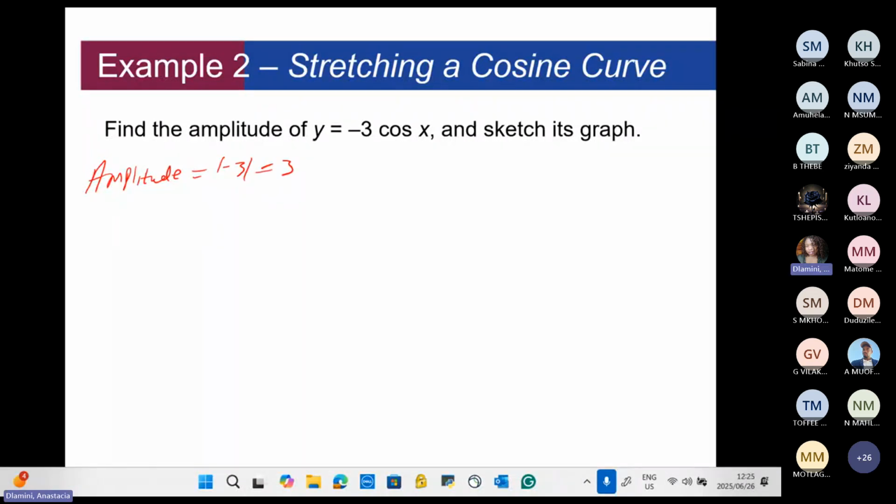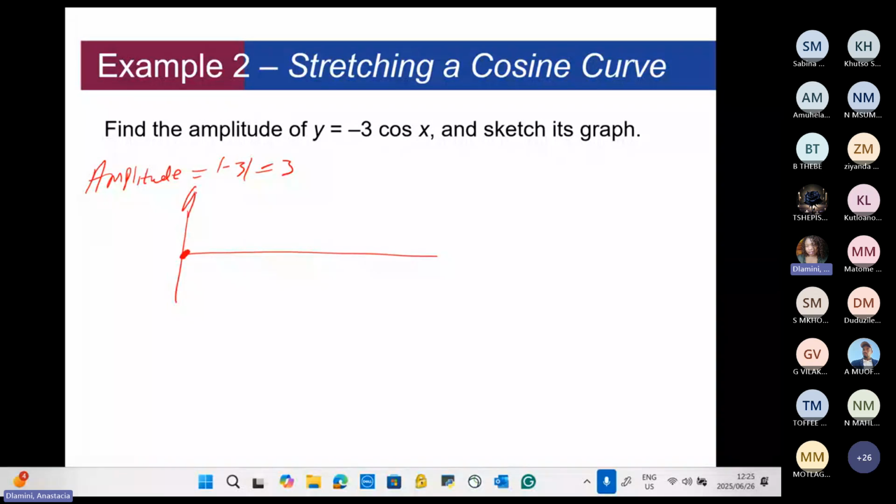Do you see that? So now I'll only draw one complete period, because now you know how to extend to the left and to the right, isn't it, guys? So we know that this is a cos function, so the cos function started at 1. Now the distance here will be 3. It won't be 1 anymore. Do you see that?